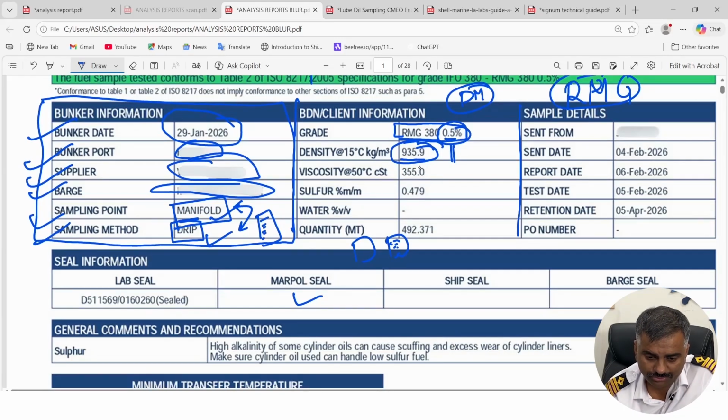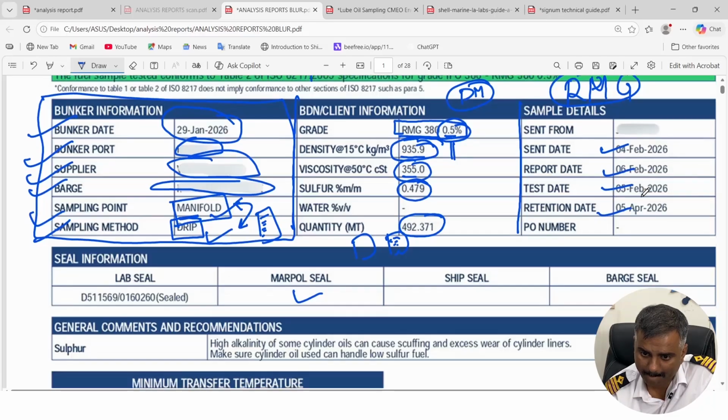Okay, so viscosity at 50 degrees centigrade is 355, this is from the BDN. Sulfur percentage 0.479, this is from the BDN, the lab has not done this. Quantity of oil bunkered was 492.371. The sample was taken on so and so date, 2026 report date.